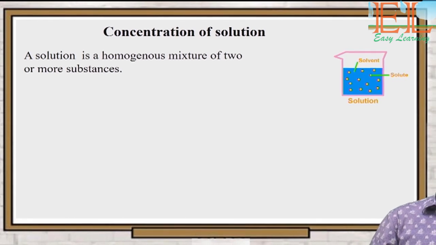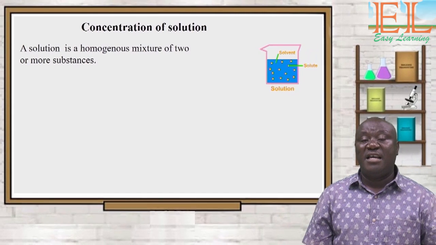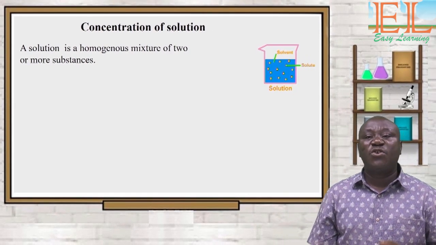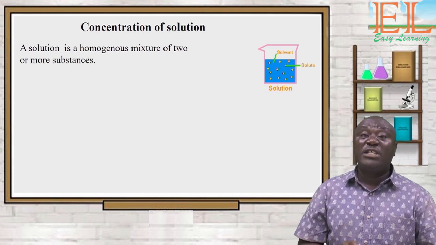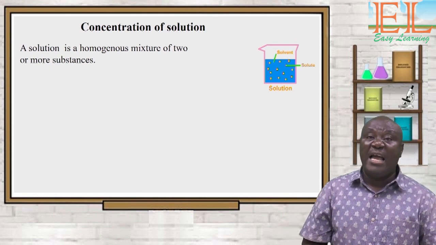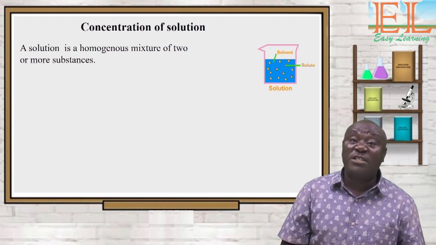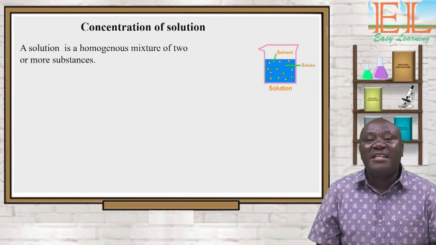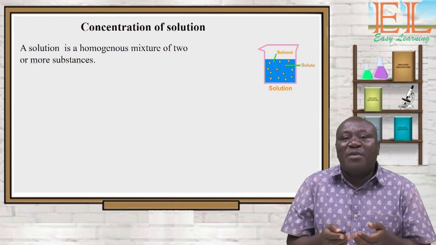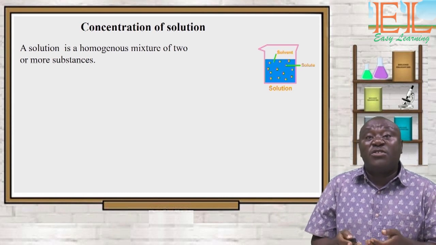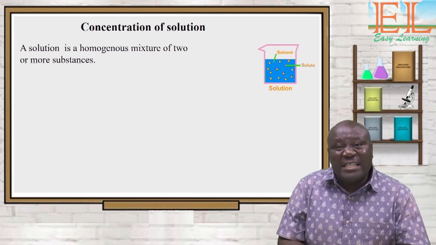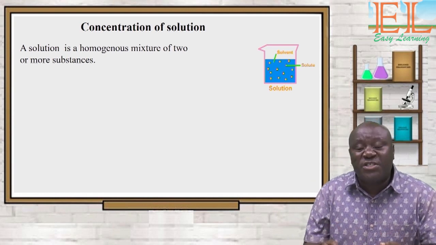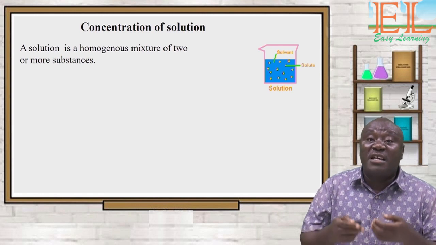If I put two substances together, a solid and a liquid, and I blend them so that the solid dissolves in the liquid and the particles of the solid or the liquid cannot be seen by the naked eye. And when the mixture is left to stand on its own, the particles will not settle on standing. Then we say that we have formed a uniform mixture, and this uniform mixture is called a solution.